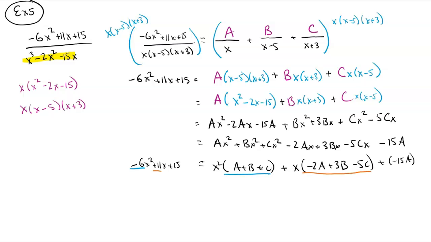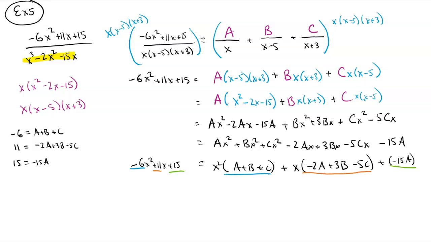And then last but not least, we are going to set 15 equal to that guy, negative 15a. So here are my equations. So negative 6 is equal to a plus b plus c. I have 11 is equal to negative 2a plus 3b minus 5c. And then I have 15 is equal to negative 15a. So there are my 3 equations.